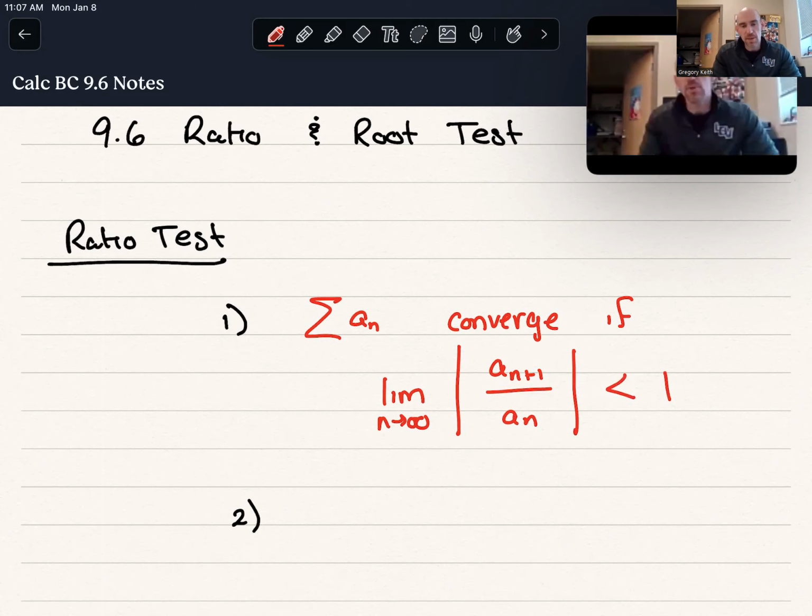We just got done talking about a sub n plus 1 is where we plug n plus 1 in where the n is, so it's the next term, essentially, over the original a sub n. And if you do that limit and do all the canceling and you get a value that's less than 1, then we know it converges.